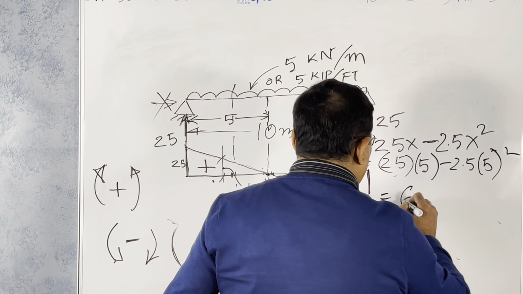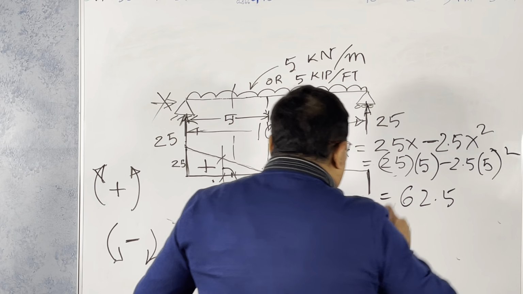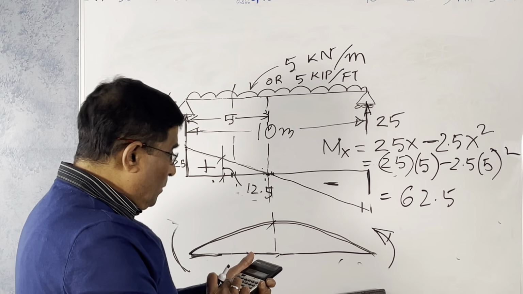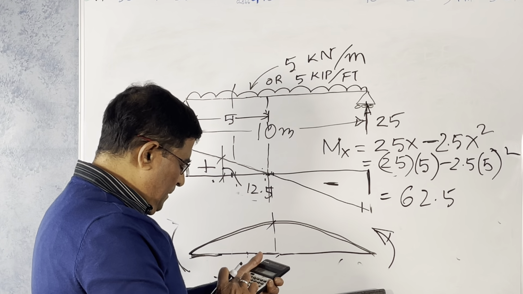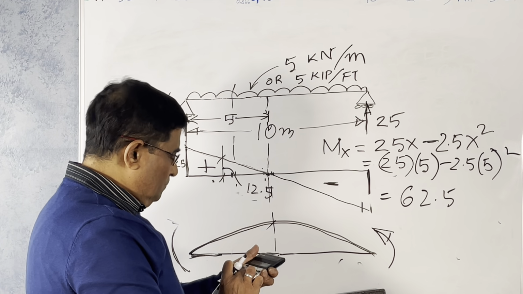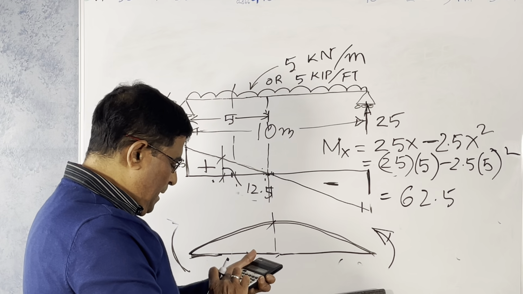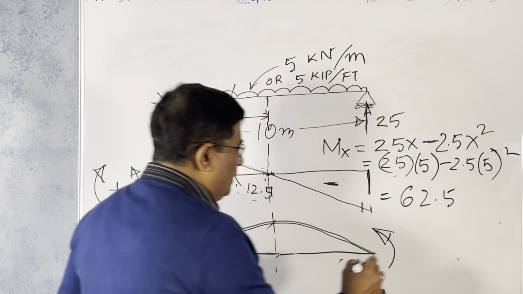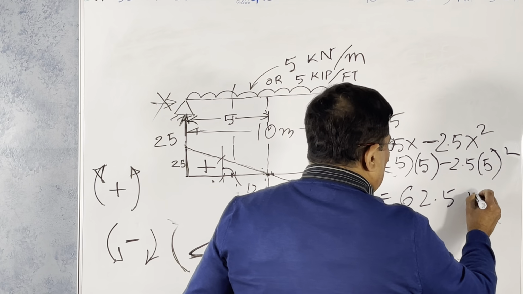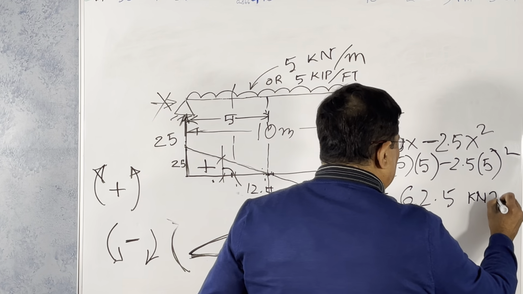Let us check again. 25 times 5 minus 2.5 times 25, that is 62.5. This is in kilonewton meter.